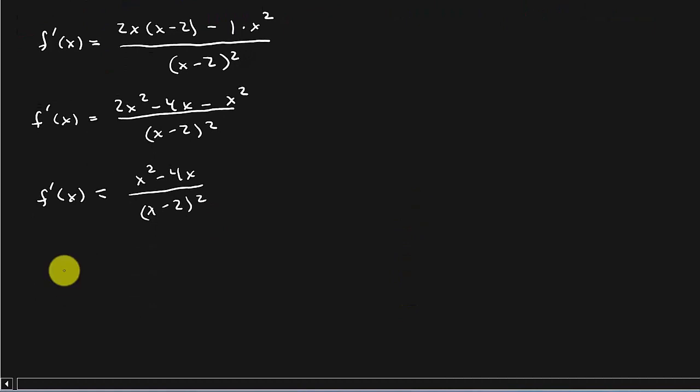Now we take this x squared minus 4x and set it equal to 0. We're setting the derivative equal to 0, but remember, a fraction is 0 when the numerator is 0, so we only need to set the numerator equal to 0.